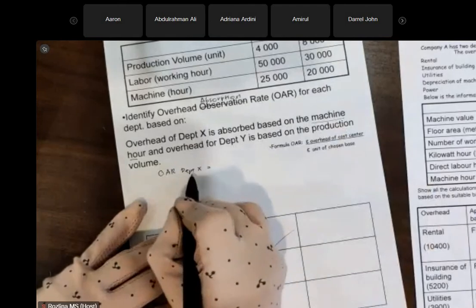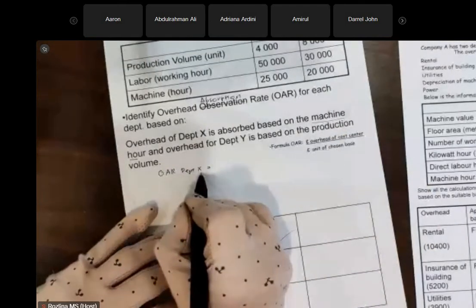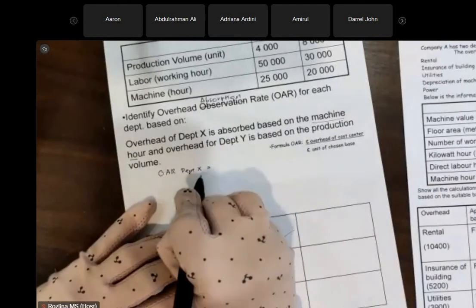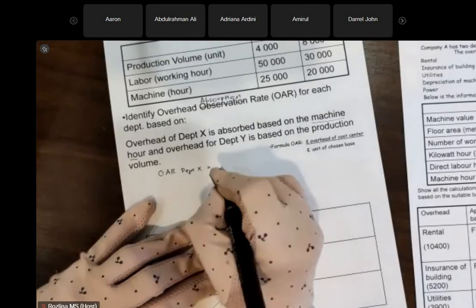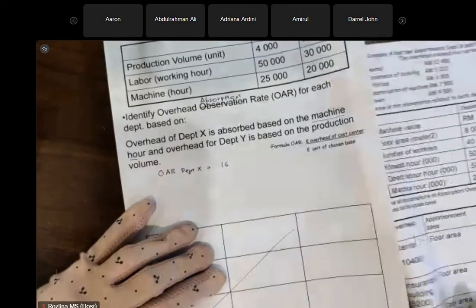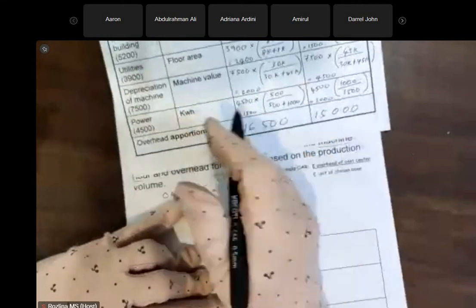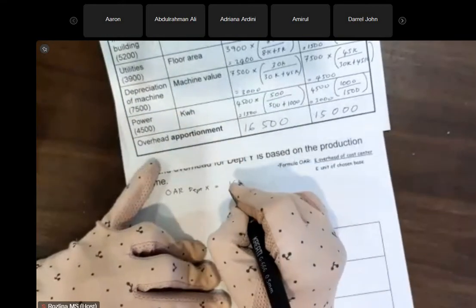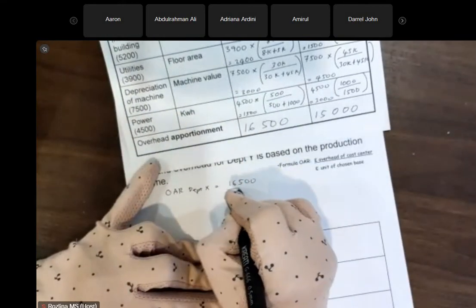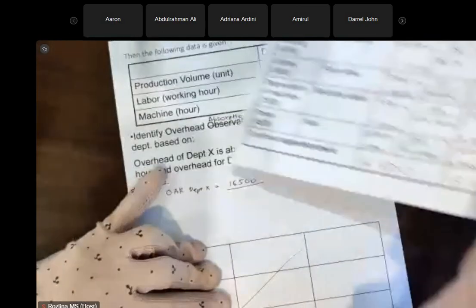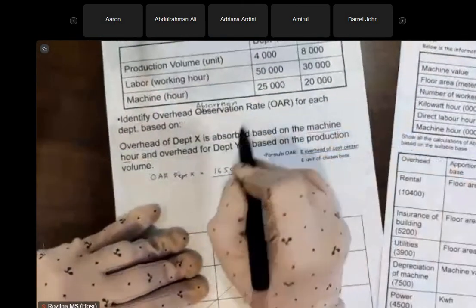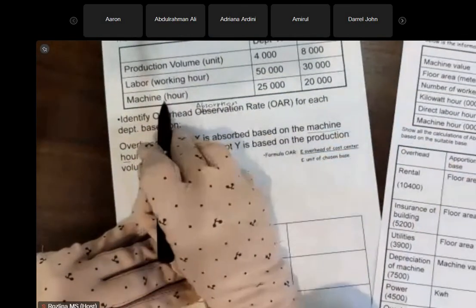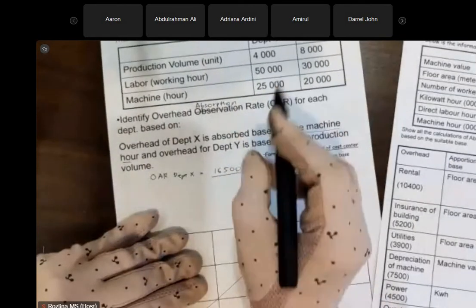So OAR department X is 16,500. Divide by the chosen base, which is machine hour. Machine hour for department X is 25,000.